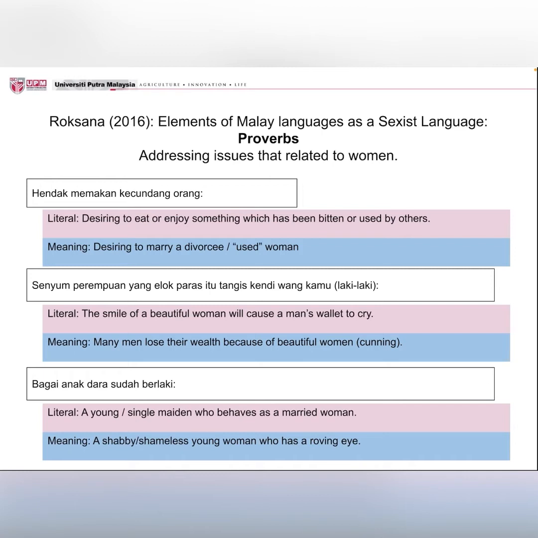The second proverb as a sexist language is senyum perempuan yang elok paras itu tangis kendi wang kamu. Literally, it means the smile of a beautiful woman will cause a man's wallet to cry. To be exact, as a sexist language, it means many men lose their wealth because of a beautiful woman or a cunning lady.